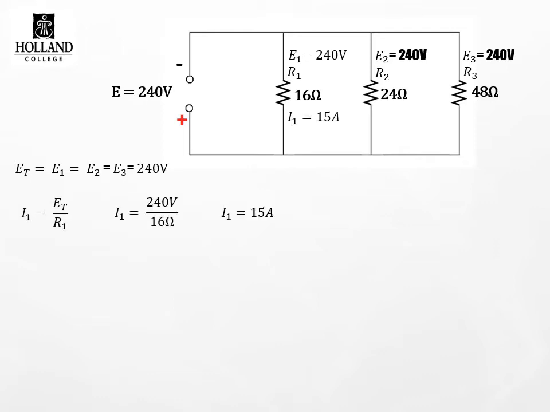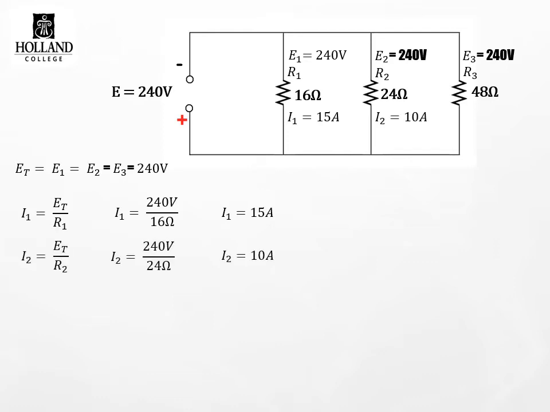Now we can calculate the individual branch currents. Since we have total voltage and individual resistance, we can calculate individual currents, where I1 is equal to ET over R1, or 240 volts divided by 16 ohms. That will permit 15 amps worth of current in the first branch.